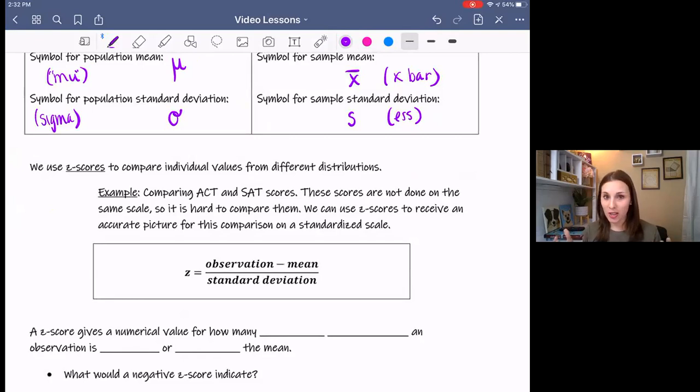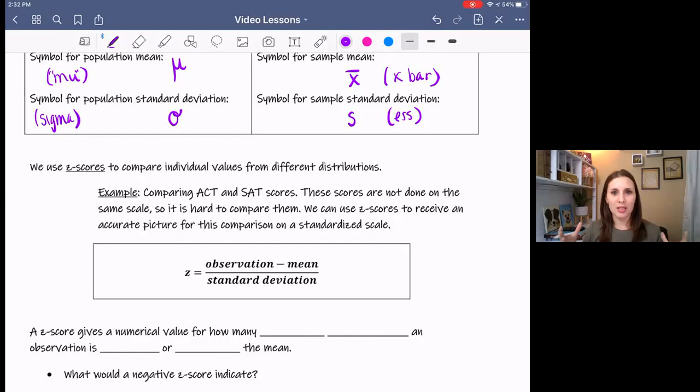And if you've ever taken those tests, you know that the scores are vastly different. So maybe on the ACT, the student made a 32, and on the SAT, the other student made a, I don't know, 1500. I have no idea what a good score is on SAT. It's been so long, but you get the point. One is a 32, one is a 1500. How do you even compare those?